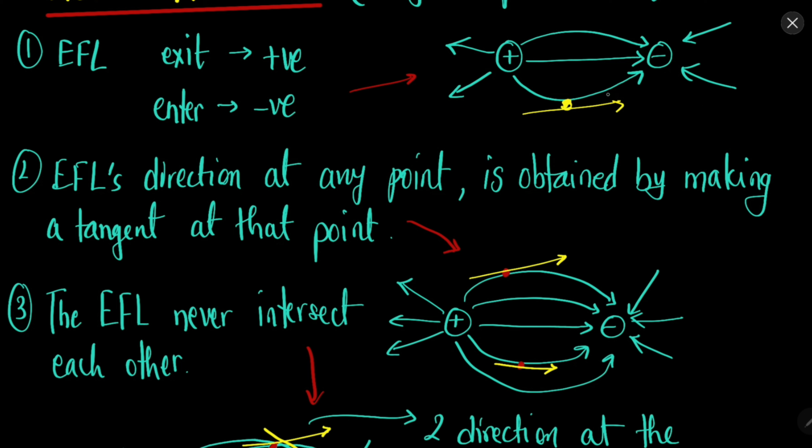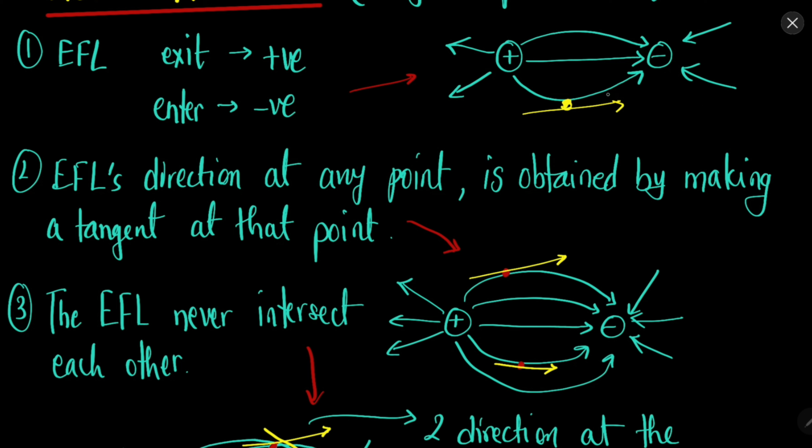Is it possible that you can move in the forward direction and in the backward direction at the same time? No, you can only move in a particular direction. So if electric field lines intersect each other, then they will have multiple directions, which is not possible. Because of that, we say that the electric field lines can never intersect each other. They will always be away from each other.